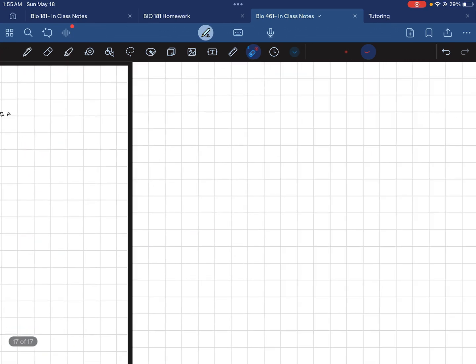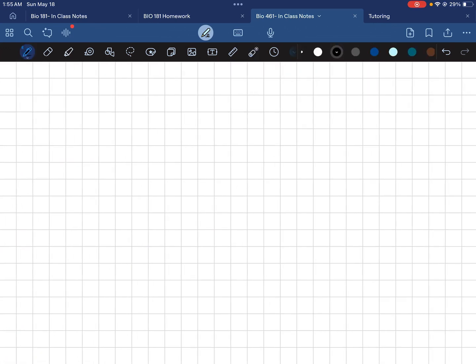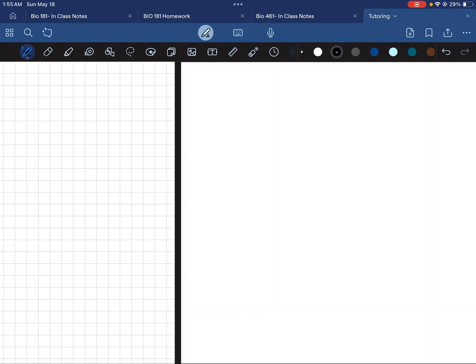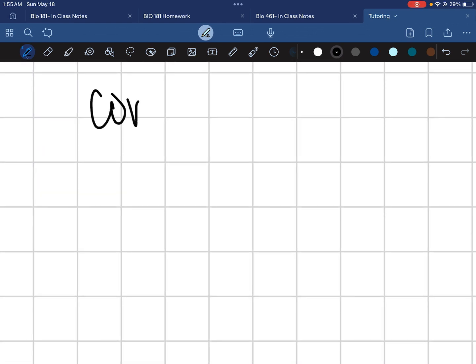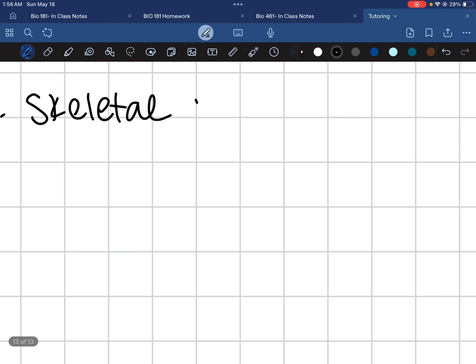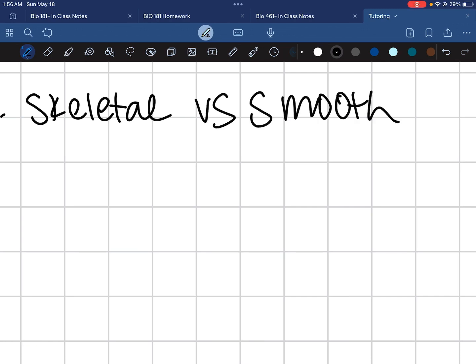Okay. So actually, let's go ahead and go over here. This is when we are going to be talking about comparing skeletal versus smooth.